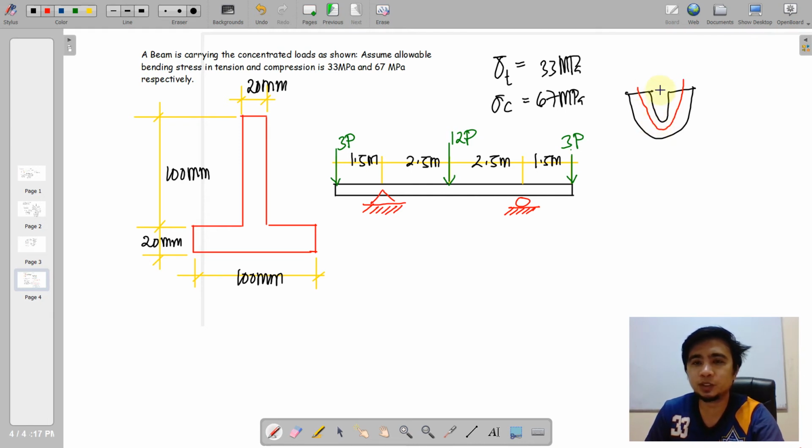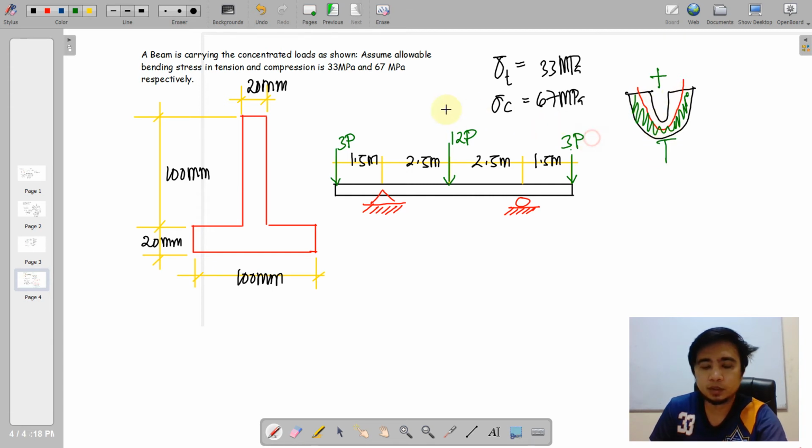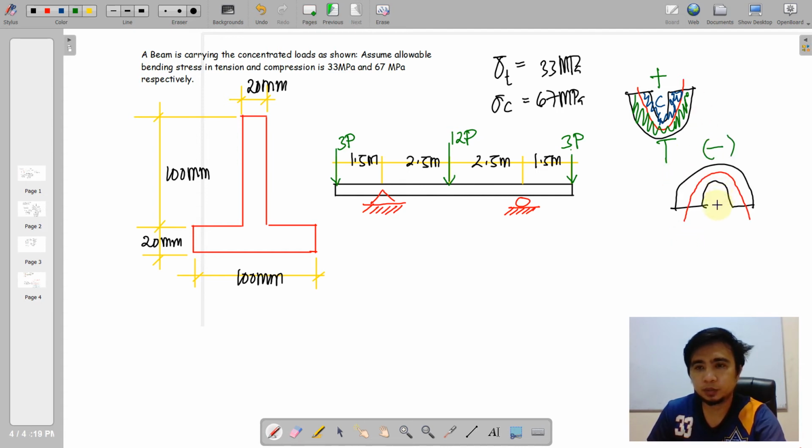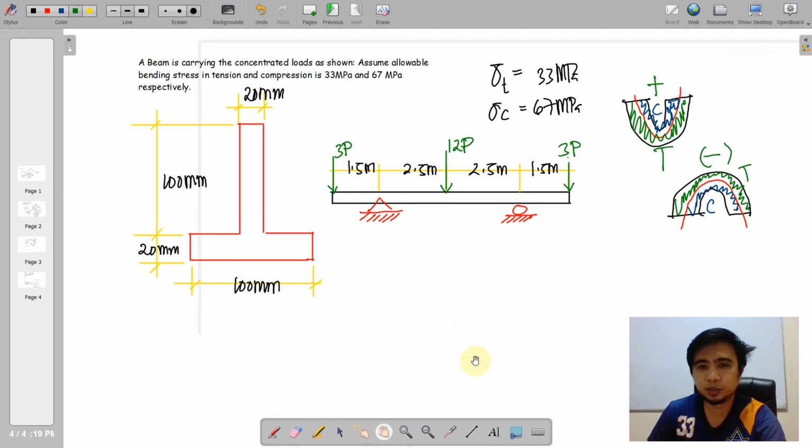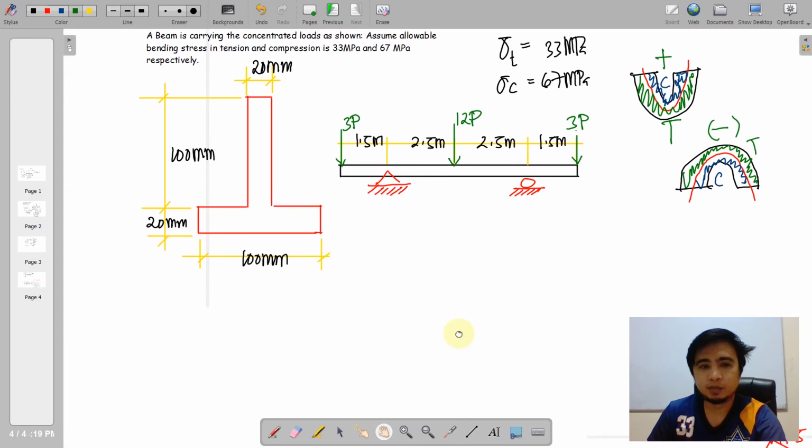So if we have a positive bending here, the bottom fibers beyond the neutral axis are in tension, and the upper portion is the compression zone. So for a negative moment, it will just be inverted. The compression zone will be at the bottom, and your tension zone will be on top. So by that notion, we apply that by and by.